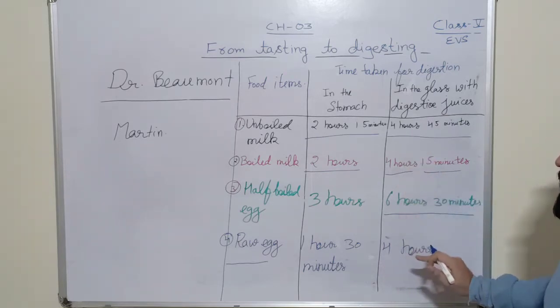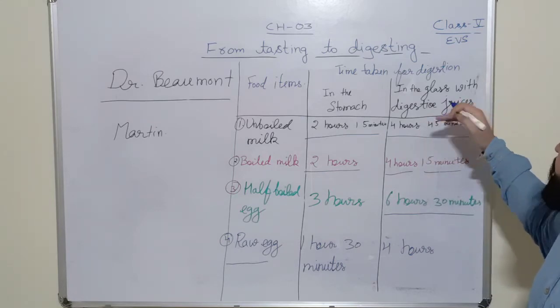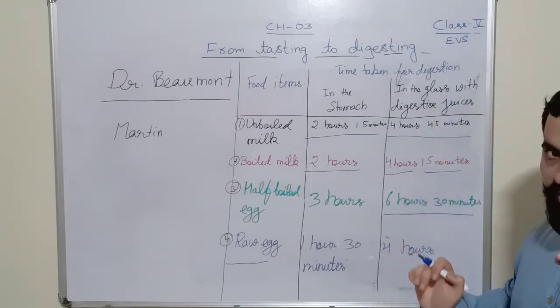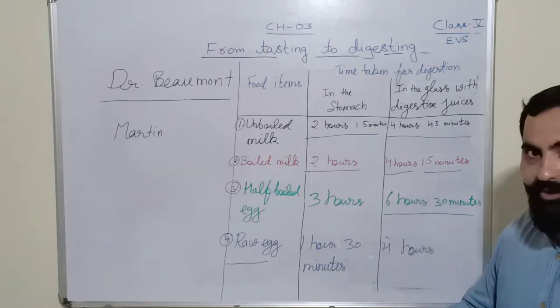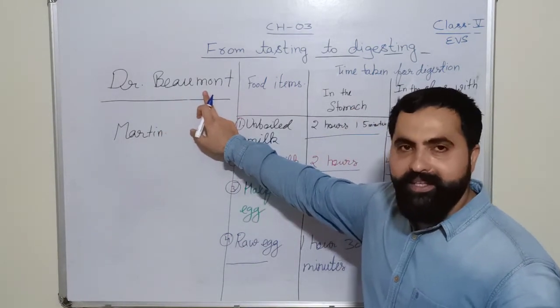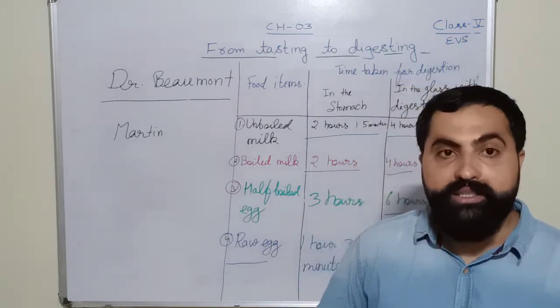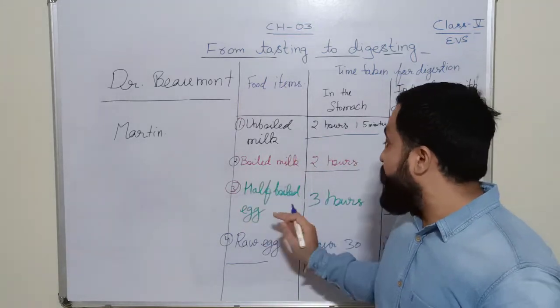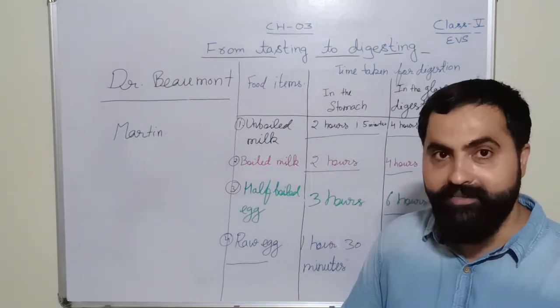So it is very clear, the food in the digestive juice in the glass takes more time to digest, but it digests outside the stomach also, and that is told by Dr. Berman. Do you know, Dr. Berman also told the world that the juice which we call digestive juice is acidic in nature.